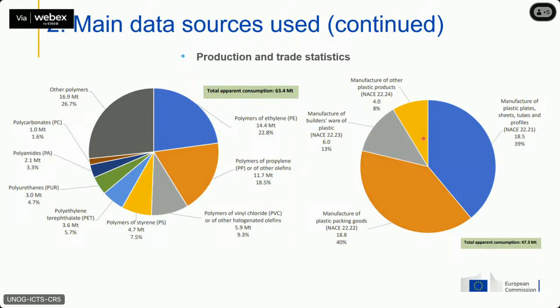That is what you see on the left. Using some coefficients from material flow accounts and academic literature, we transformed it into different categories of NACE 22. That is the European version of ISIC. This NACE 22 is the manufacture of plastic products.